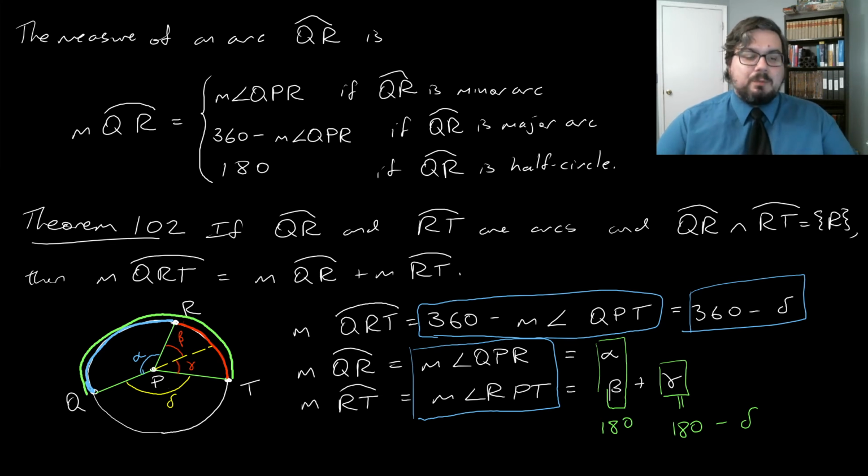So now we want to consider how circles interact with angles whose vertex is not at the center of the circle. And there's going to be a couple of different kinds of relationships we're going to look at.